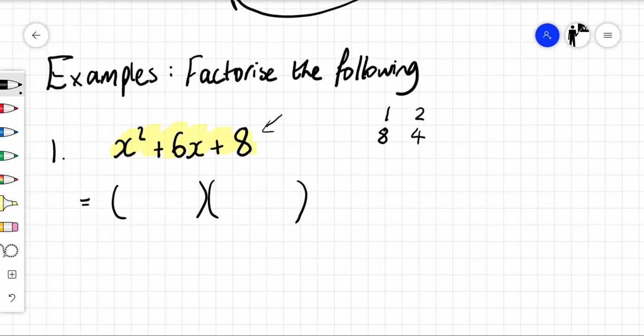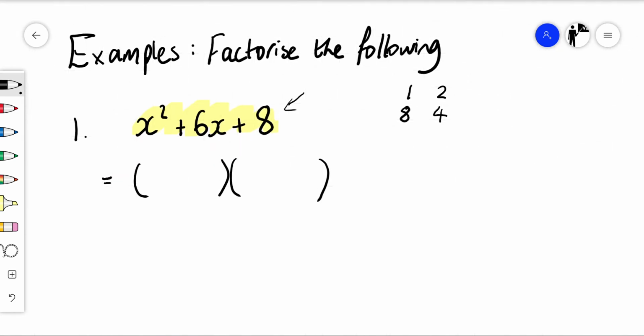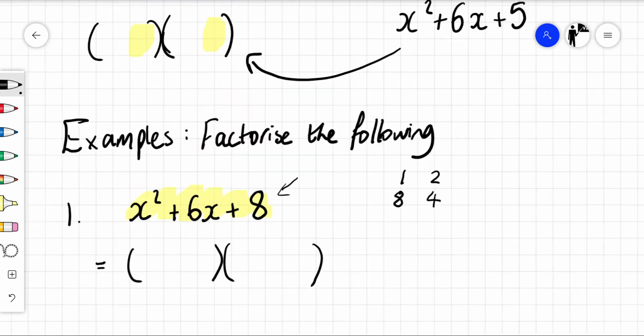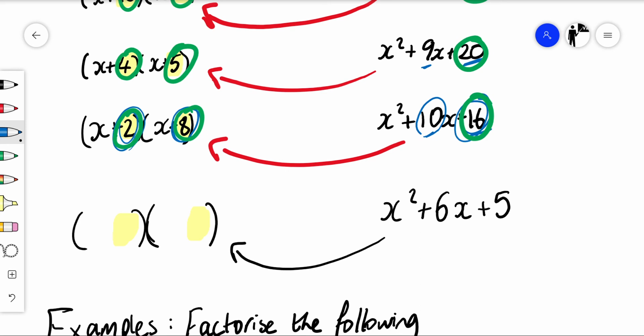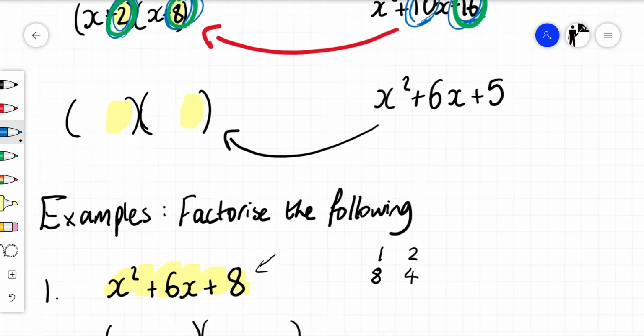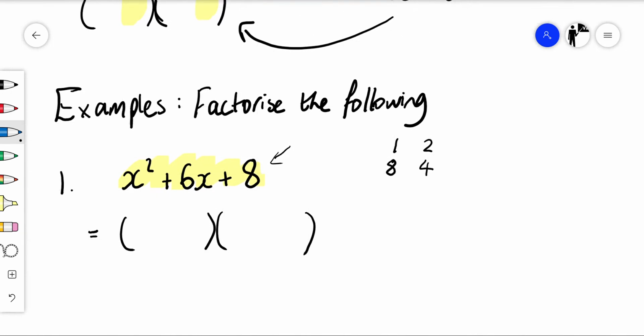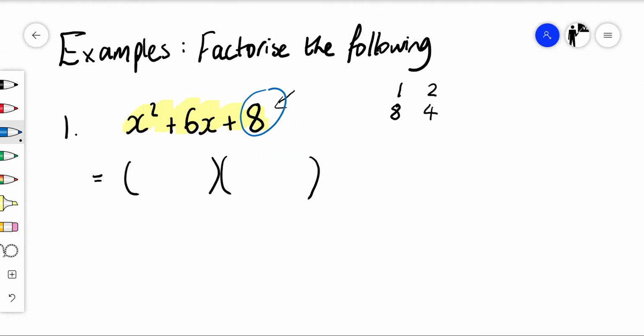Okay, so we've got two options, but how do we know which one to choose? It's going to be x plus 1, x plus 8, or x plus 2, x plus 4. And once again, if we look at this relationship here, 2 times 8 makes 16, but 2 plus 8 makes 10. So we choose the pair that multiplies to make 8 but adds to make 6.